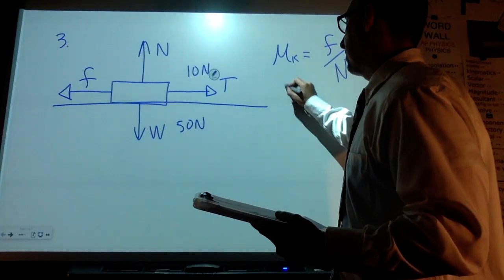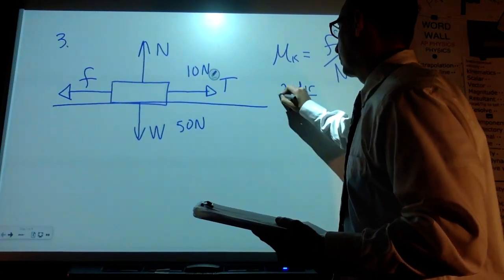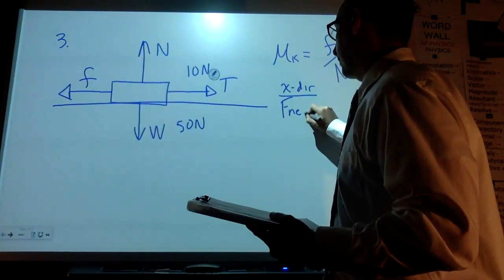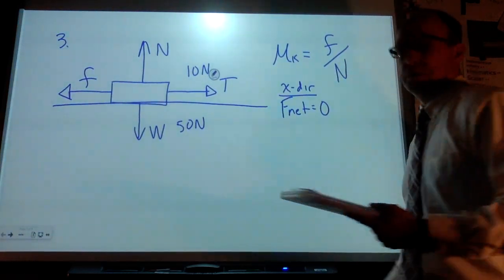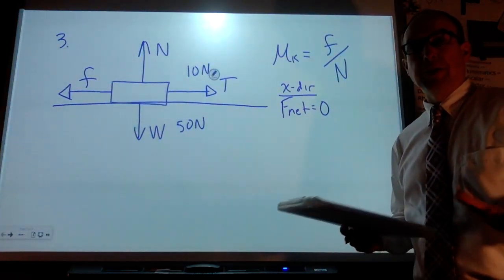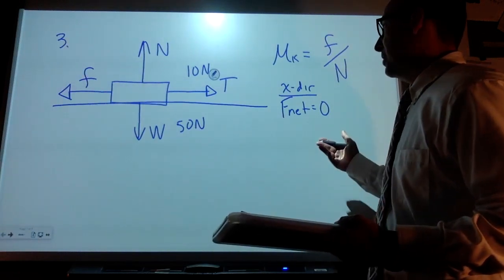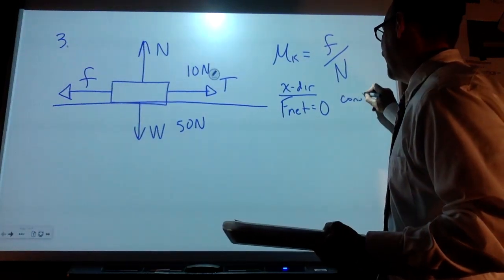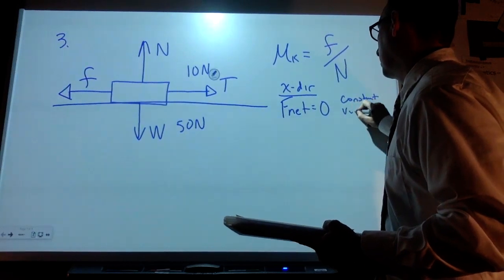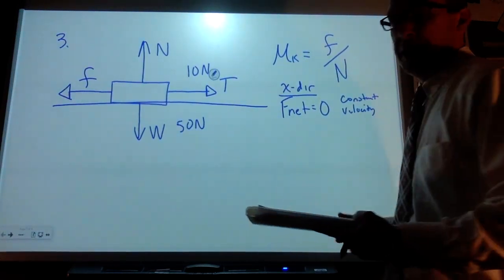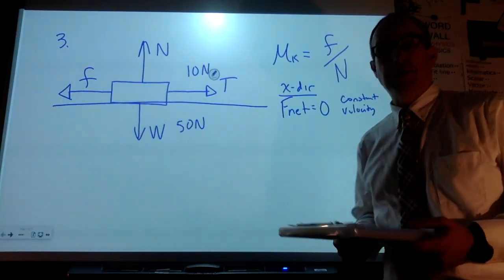So in the x direction, Fnet is equal to 0. This is in equilibrium because it's moving with a constant velocity. It's not changing direction nor changing speed.